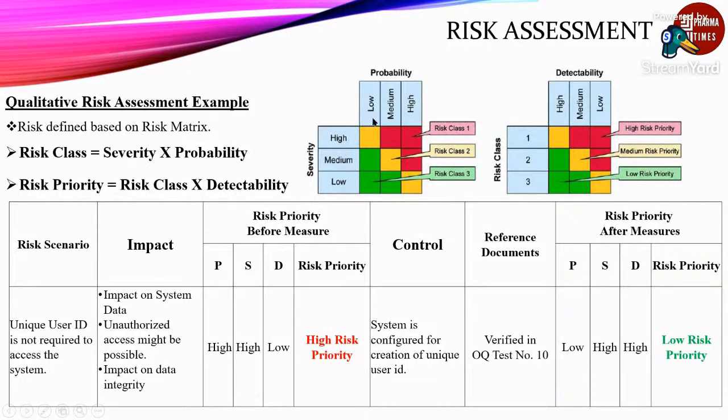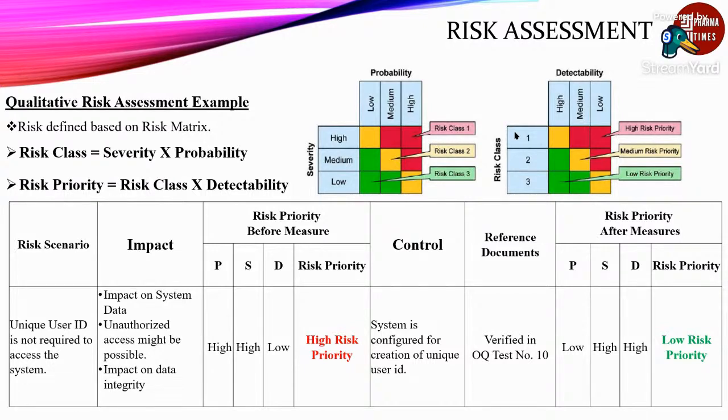As you see in the first picture, if my probability is high and my severity is high, then it's risk class 1. Then what is the detectability before the measure? I am not aware of which type of control is used for that system. So I define detectability as low because I don't know the control. So our risk class is 1.